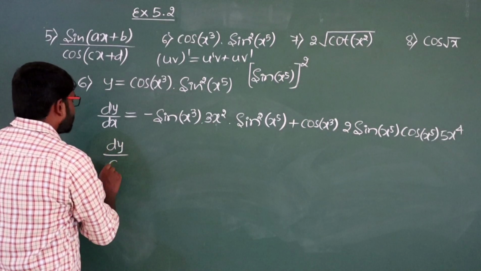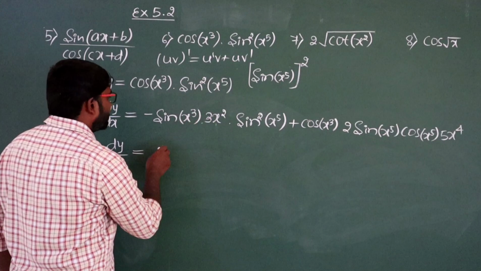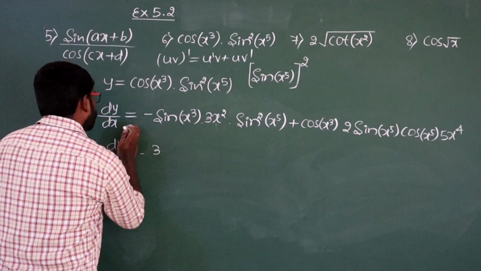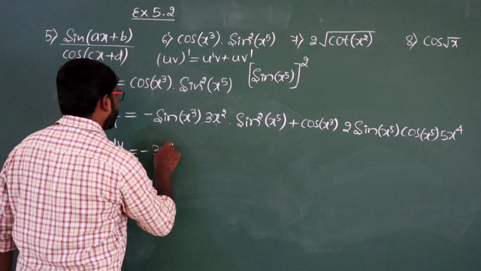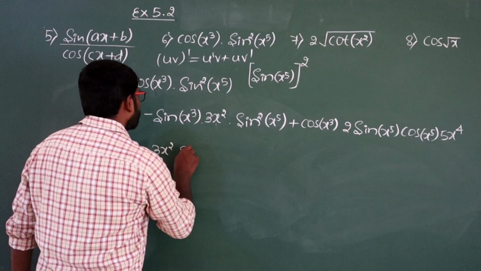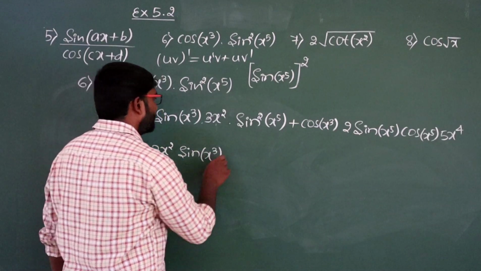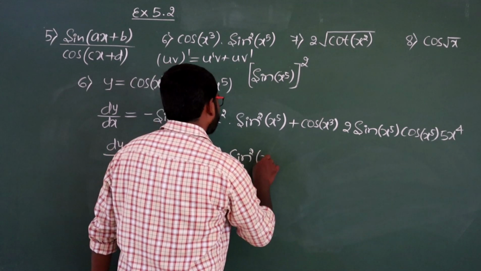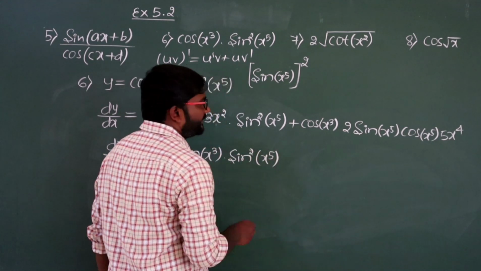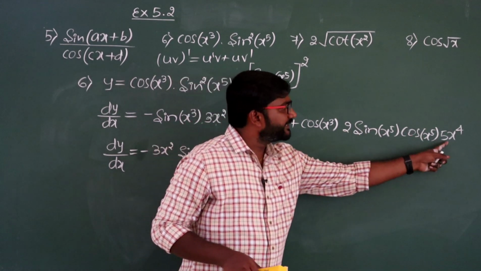dy by dx is equal to, so I write 3x square in the beginning, minus 3x square into sine of x cube into sine square x to the power 5, then plus 2 into 5, it is 10.